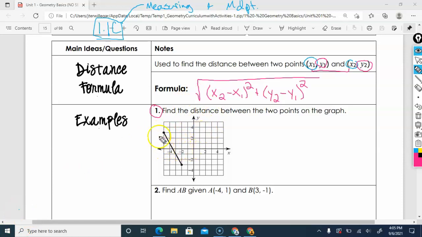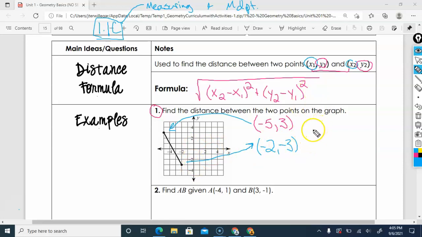I go left 5, so it's -5, comma, I went up 1, 2, 3. So that's my first point. Then my next point, I'll draw an arrow, is that one. I'm going to go to the left 2, so it's negative 2. Down 3. Because I went down, it's negative.